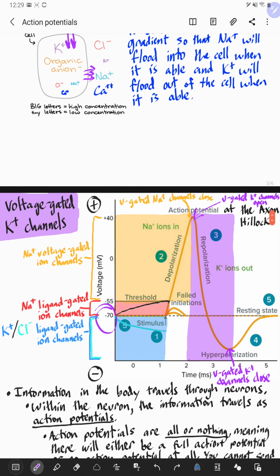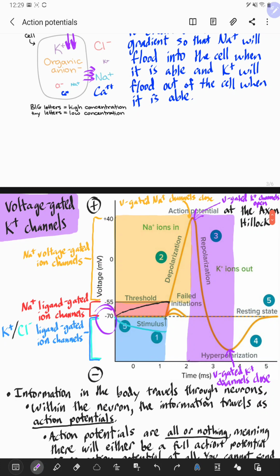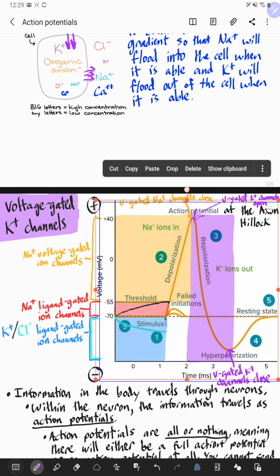So let's look at our chart here. Again, our resting membrane potential is negative 70. But when positive charges left the cell, the voltage decreased. It became more negative.